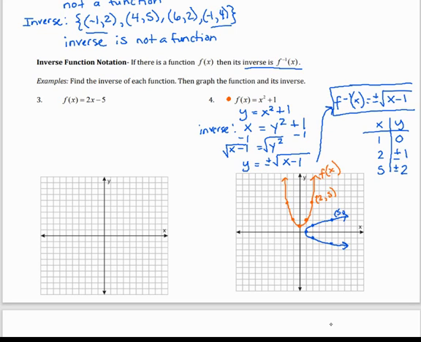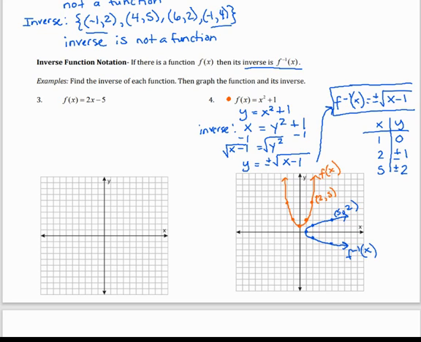It's right here. So instead of making a table, I could just take the points I had from my original function, flip-flop them, and plot those. Okay? Now, so there we have our inverse. And I'm just going to write that this is our f of negative 1 of x. Okay? We have our inverse algebraically, and then graphically we have the function and the inverse.